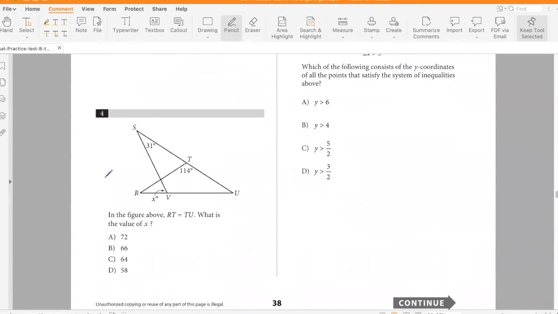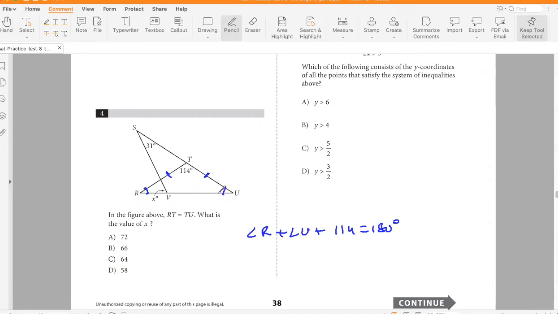In the figure above, RT is equal to TU. What is the value of x? Okay, so if RT is equal to TU, then in this triangle, angle R and angle U will be equal. So angle R plus angle U plus 114 would be 180 degrees.